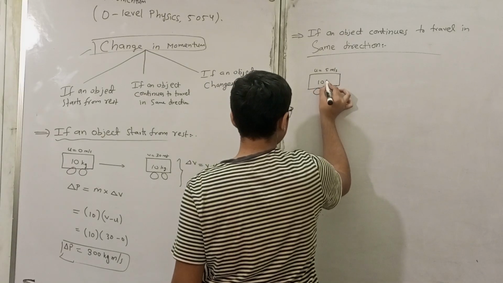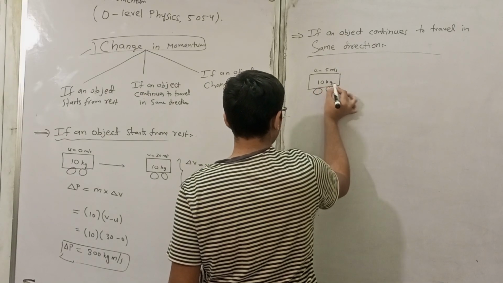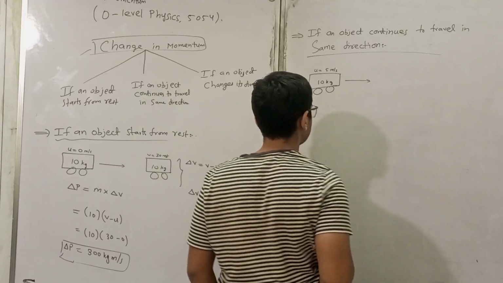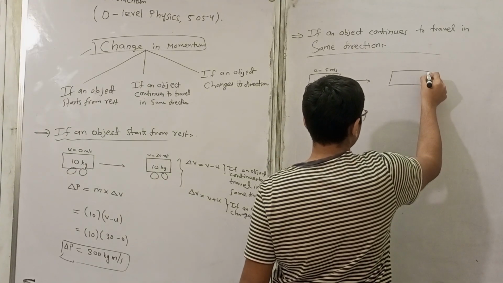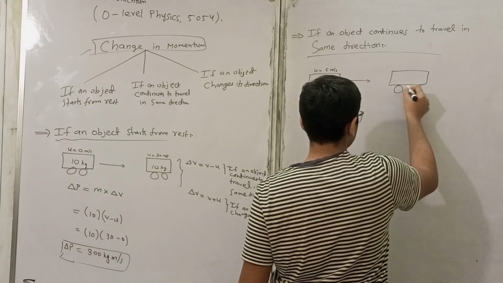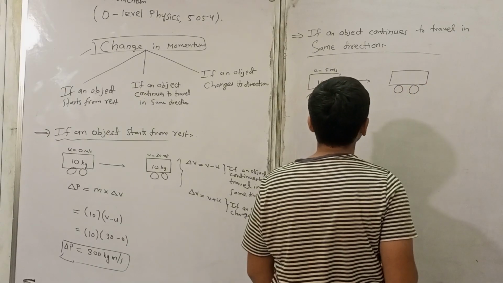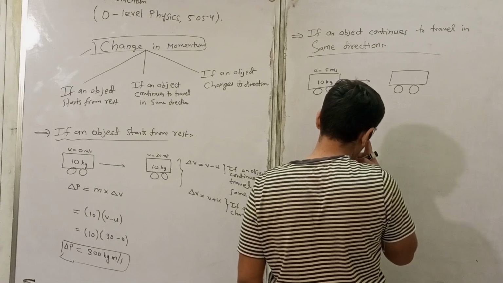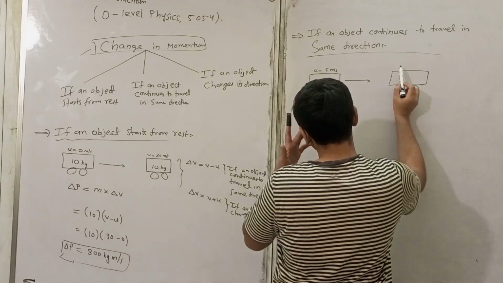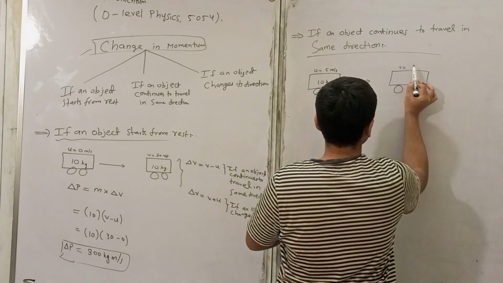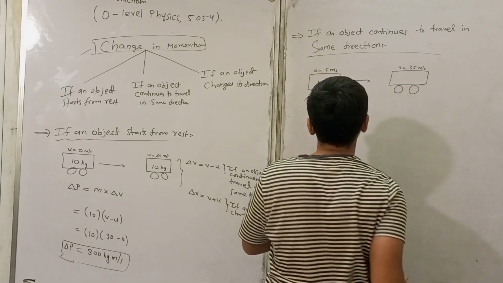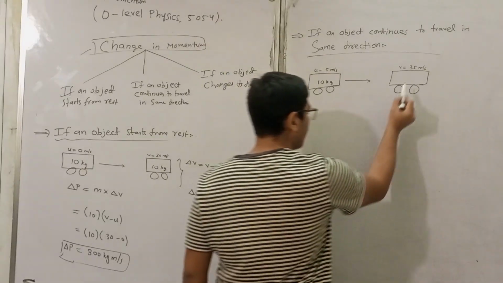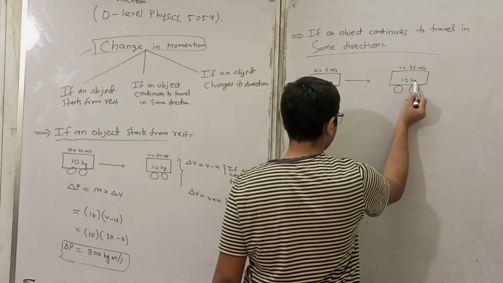It has a mass of 10 kg and it's traveling in the same direction, and after some time it accelerates to let's say 35 meter per second. Its mass will be same as before.